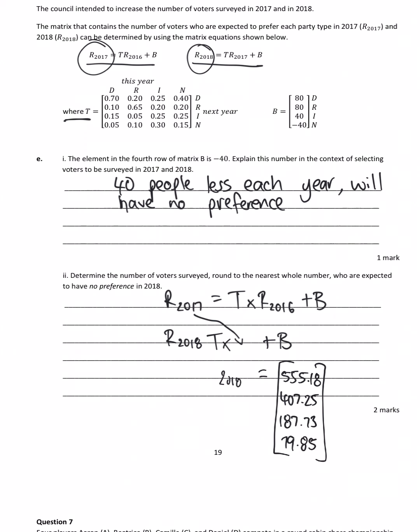I've just rounded a couple of those numbers. All right, but the question: determine the number of voters surveyed, rounded to the nearest whole number, who are expected to have no preference. So the number that have no preference at this, yeah, and I think that's that. Round to the nearest whole number who are expected to have no preference in 2018.